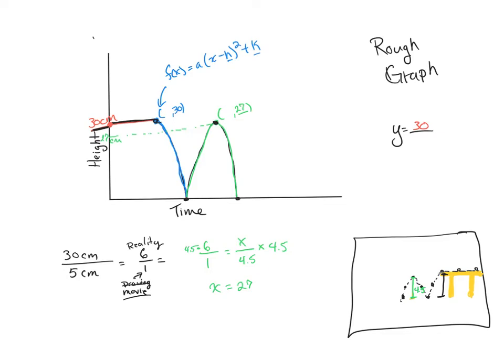So when I did that, I got that the ball first falls at 1.1 seconds. The first time that the ball hit the ground, it happened at 1.23 seconds. And of course, when the ball's hitting the ground, the height is going to be 0. So I'm going to just put that coordinate in here.